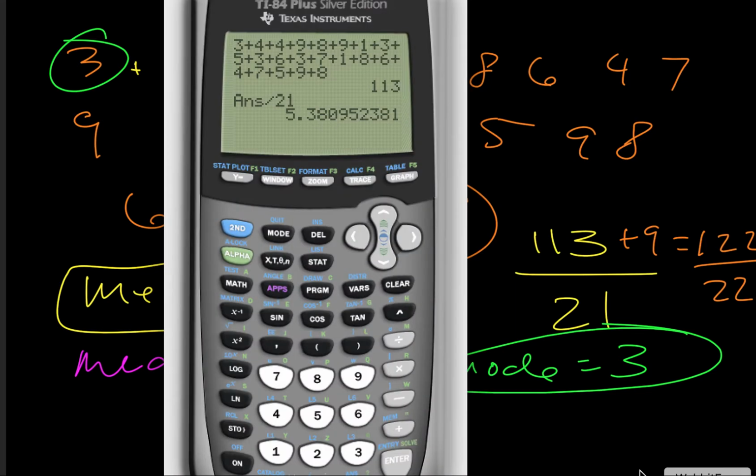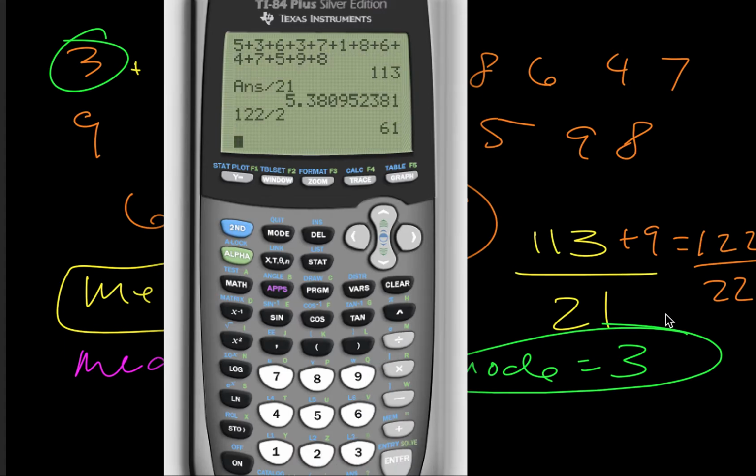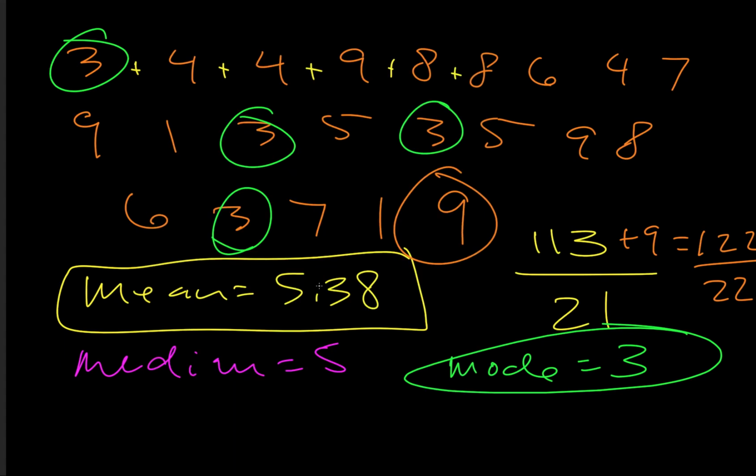So we go back to our calculator. 122 divided by 22. So that changed our mean to 5.55. So it didn't really affect it too much.